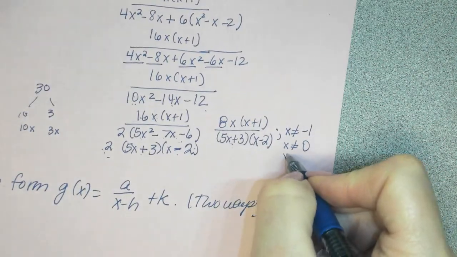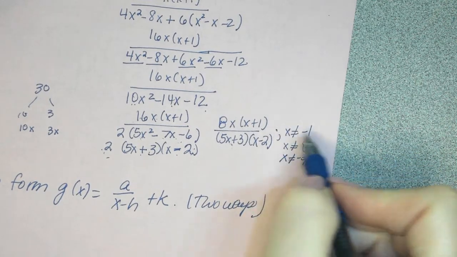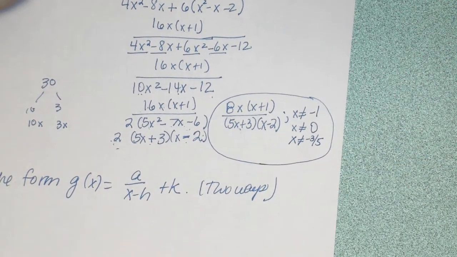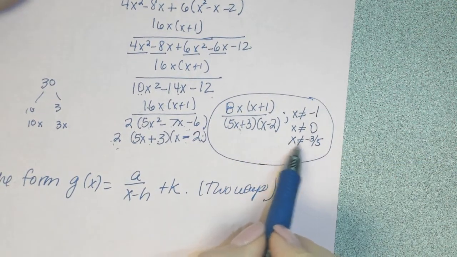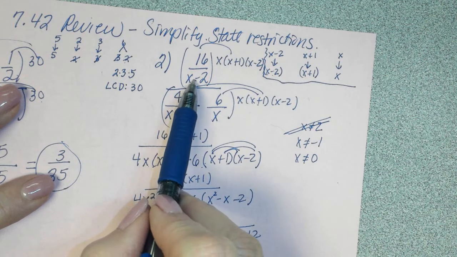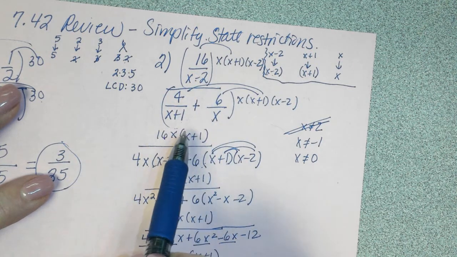No. You really would have to have that restriction as well. All right, do you guys see what I'm saying there? How this one's undefined for negative 3/5, but way back up here, the original problem, negative 3/5 minus 2 would have an answer, that would have an answer, that would have an answer.